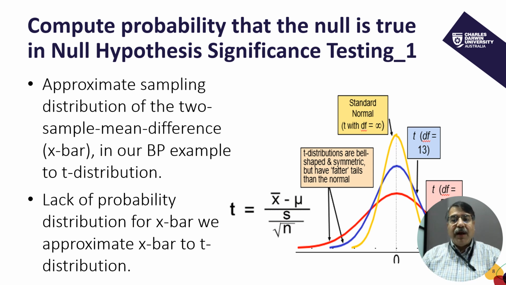So this diagram, I just want to reiterate, shows that the mean of a normal distribution is 0 in the middle, and it has degrees of freedom equal to infinity. In other words, there is a very, very large population size.